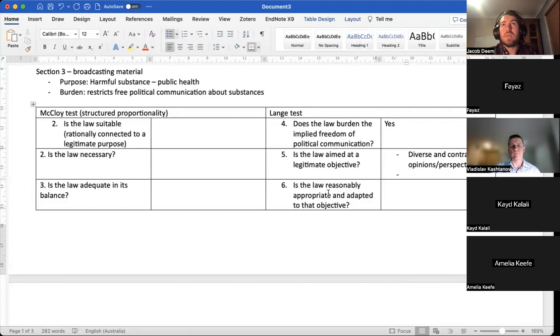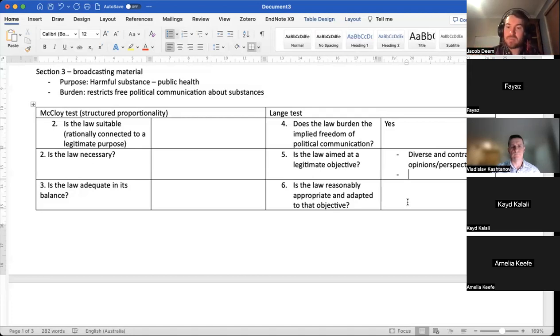So what you'd say is that there is a legitimate objective in the sense that public health is important, and if there's evidence that these substances are problematic, then it's legitimate for the government to protect citizens by restricting their ability to access these products, find out about them, or be advertised to in relation to them.